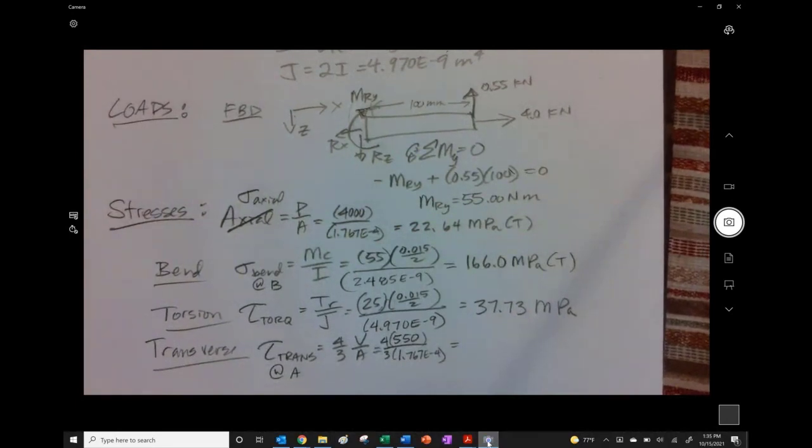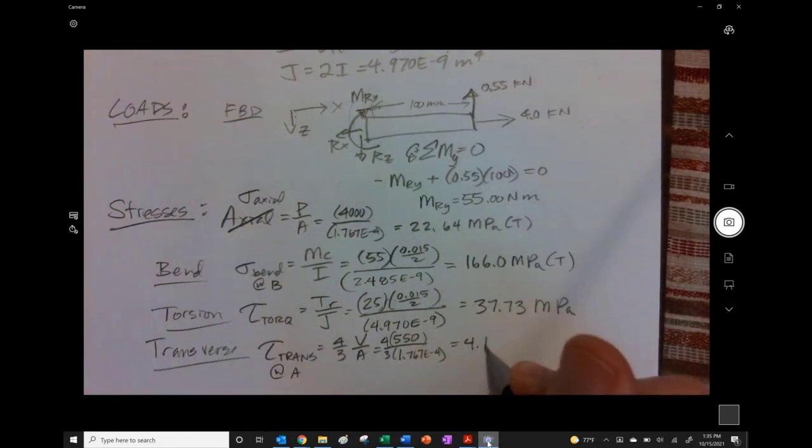Yeah. Okay, I think I got it right. 1.767 E minus 4, divided, 4 times 3 divided. Okay, I get 4.150 megapascals.